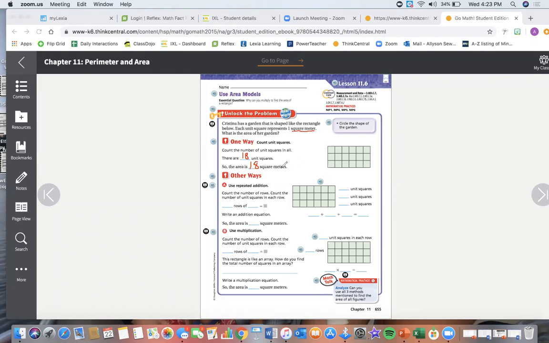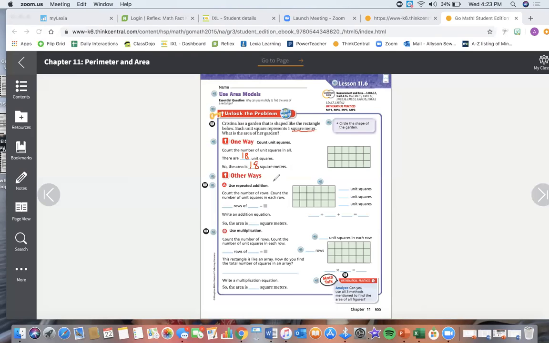So if this wasn't here, you would have to write 18 square meters, because how do we know what it's measured in? Let's say you gave someone a plan to put carpet in your house and you didn't specify if it was feet, inches, whatever, you didn't give them the label, then they wouldn't be able to do the job right.